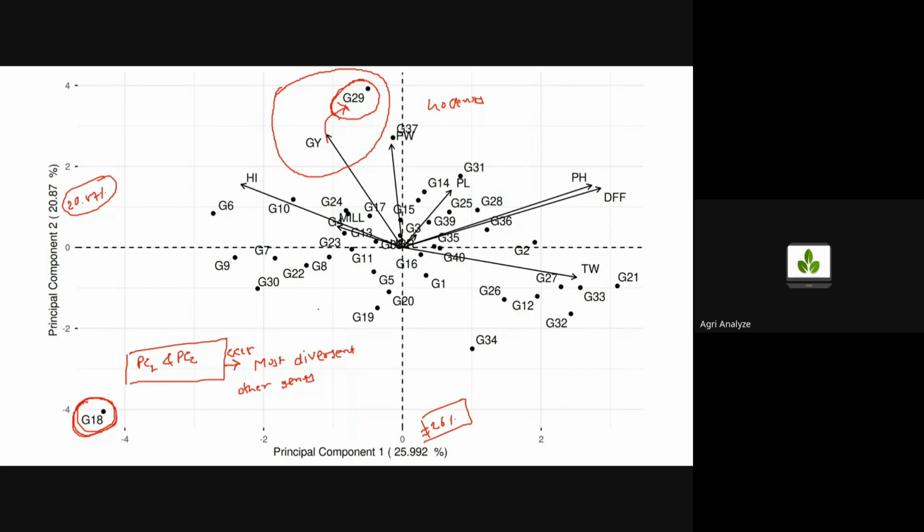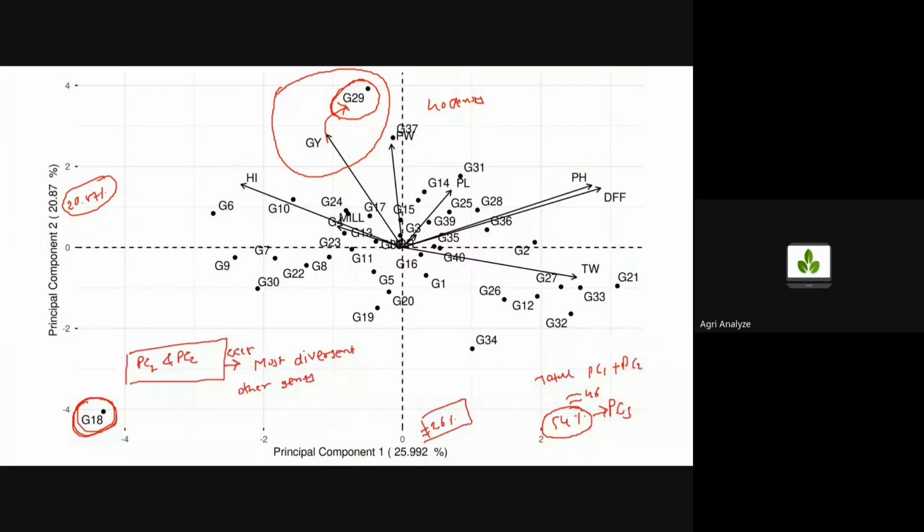It means the total variation explained by PC1 and PC2 is nearly 46%. It means the remaining 54% of variation is explained by other PCs, PC3, PC4, PC5, and so on.